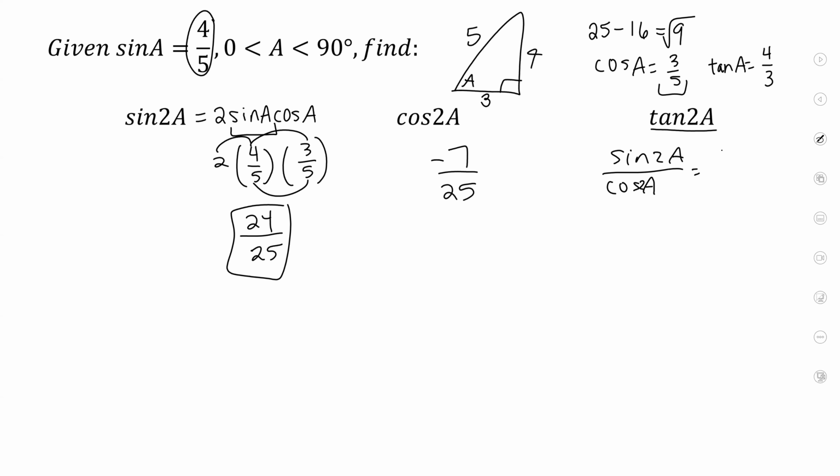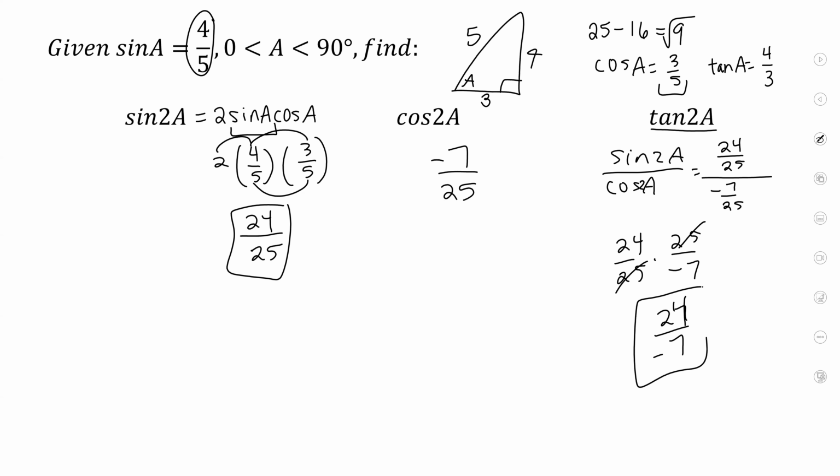So I'm going to do 24 over 25 divided by -7/25, which is 24 over 25, and you flip the second one. So 25 over -7, those cancel. Did you get -24 over 7? Y'all got that?